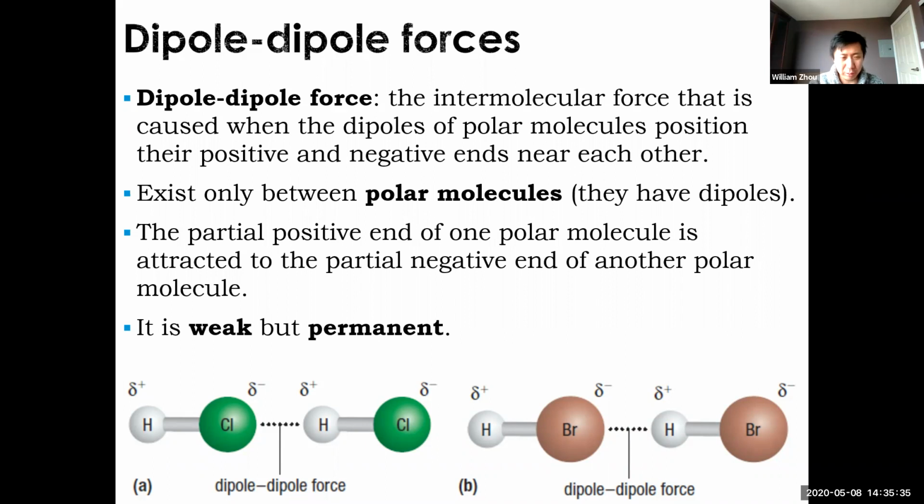Once you have a dipole, it's always going to be there. It will never disappear because the dipole comes from the difference in the electronegativities of the two atoms. Electronegativity is an inherent quality of an atom. It will not change. So if you have a dipole, you will always have that dipole unless you change the structure of the molecule. So this is a permanent force. Weak but permanent.